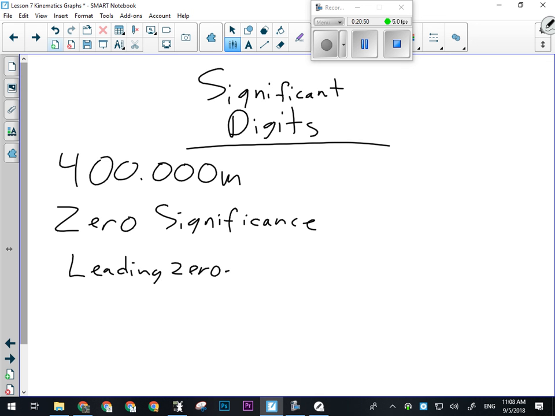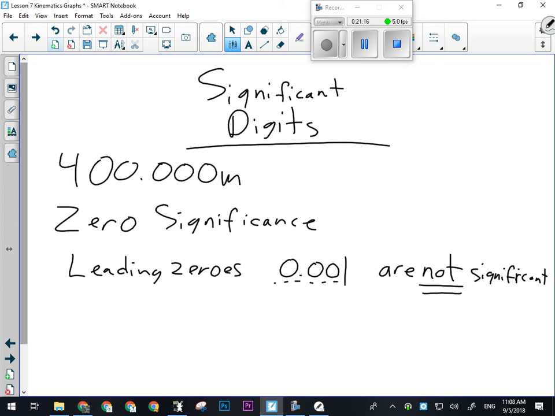Okay, leading zeros. Leading zeros would be something like this: 0.001. These are leading zeros. They are not significant. Leading zeros are not significant.